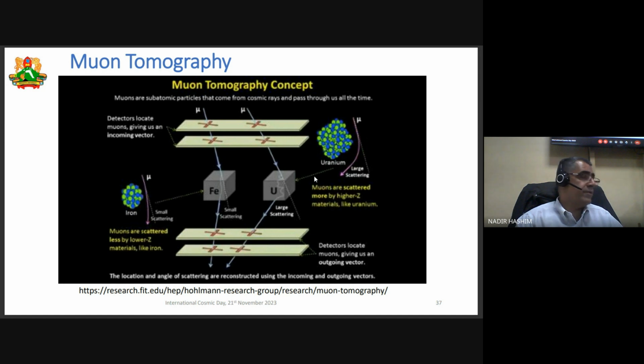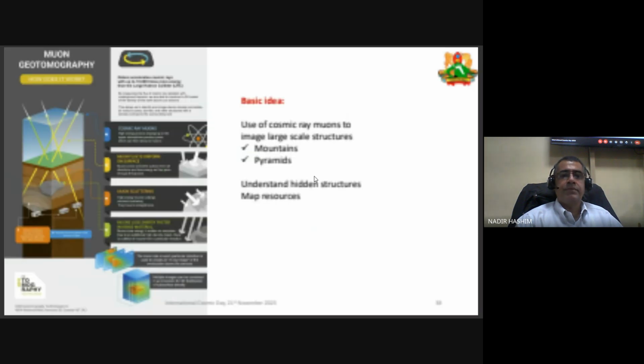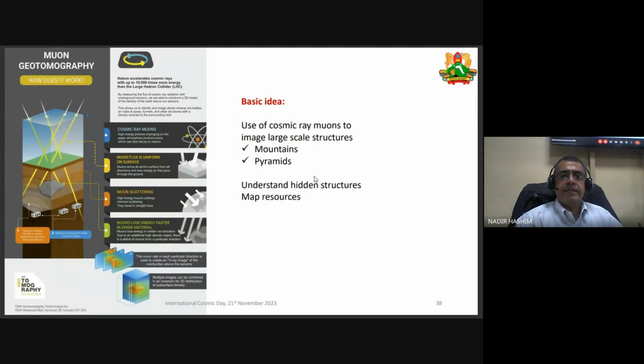Where there are voids, you get more muons. Where there are heavier elements, you get muons more scattered. The basic idea is to use cosmic ray muons to image large-scale structures. This includes mountains, pyramids, volcanic mountains, and so on. The aim is to understand the hidden structures of these facilities and also to map resources.